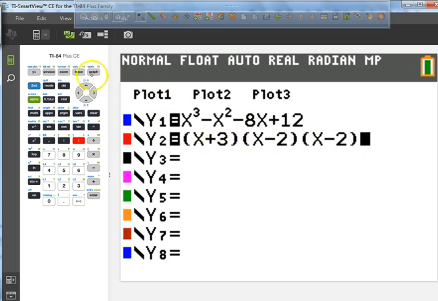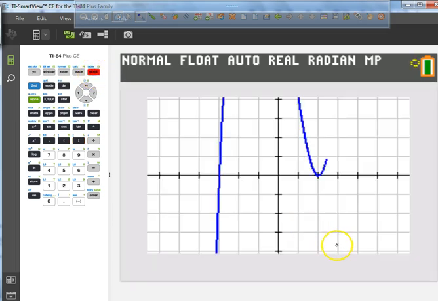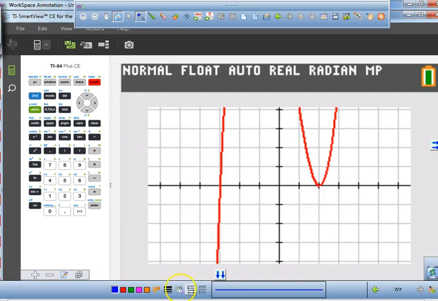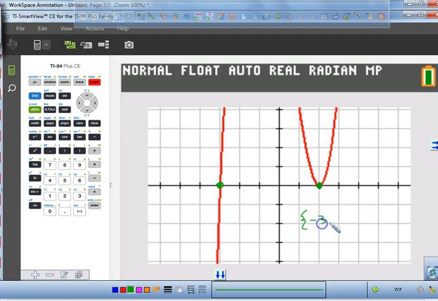Once you type those in, hit graph. Did you notice how it traced it? Look very carefully at these zeros. That's a 0, and that's a 0. What are our actual zeros? Our actual zeros are at a negative 3 and a 2.